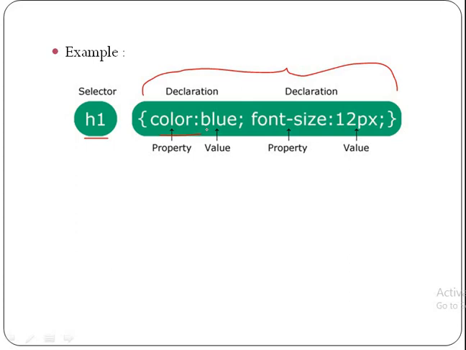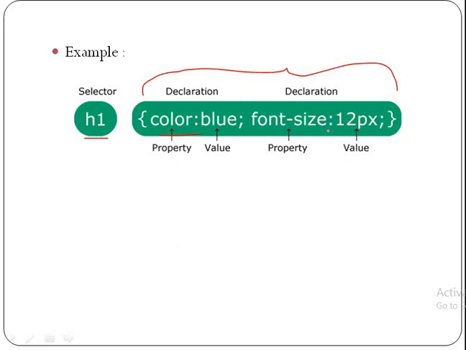It means that to the h1 tag we have to apply a color that is blue, and another property is included here, that is font size, and the size of the font is specified here, that is 12 pixels. So, here in this example there are two different properties defined for a particular tag h1.